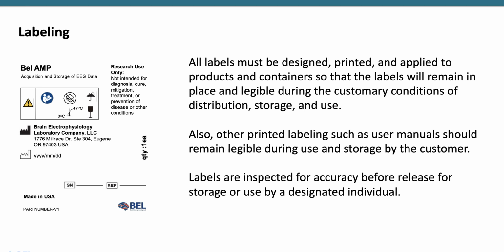All the user manuals, if we provide those in physical form, are the final version and remain legible during use and storage by the customer. And finally, we need to make sure that all those labels or labeling materials are inspected for accuracy before the release.